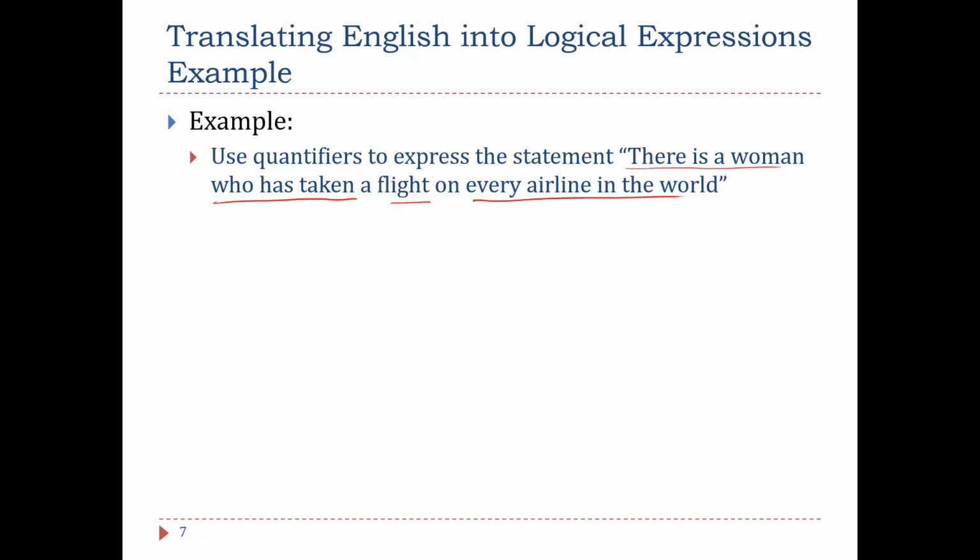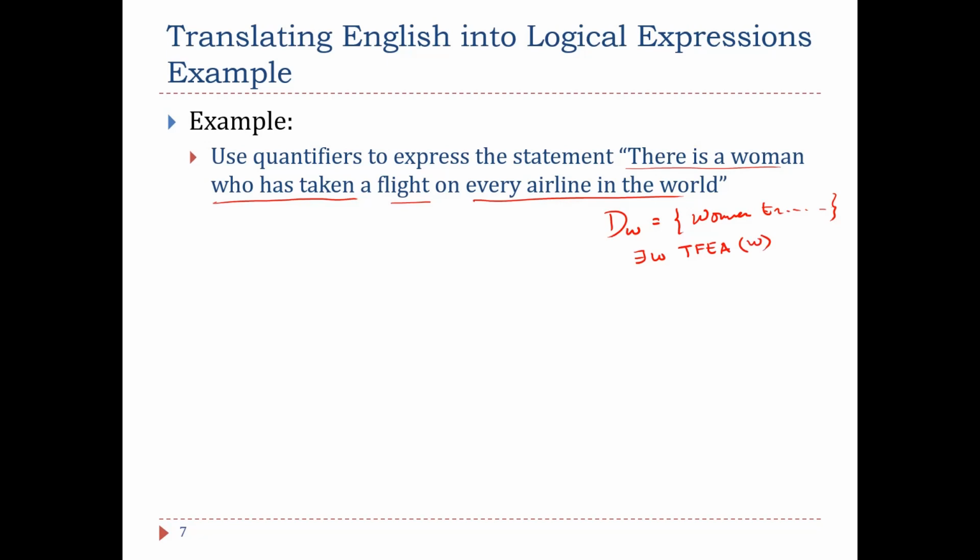So one way of representing this is to consider as a domain of W the set of women who traveled on at least one airline, and then in this case you just have to say that there exists a W such that taken a flight on every airline of W is true, something like that.